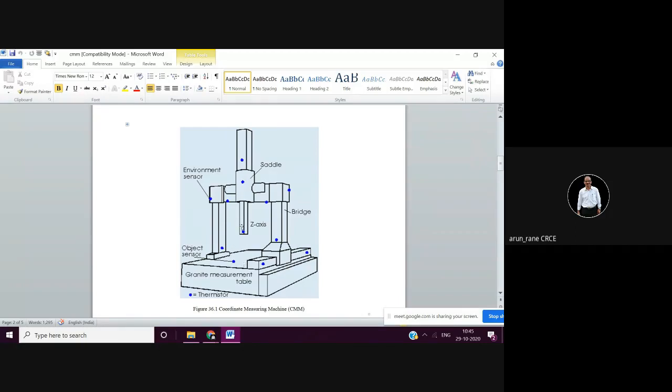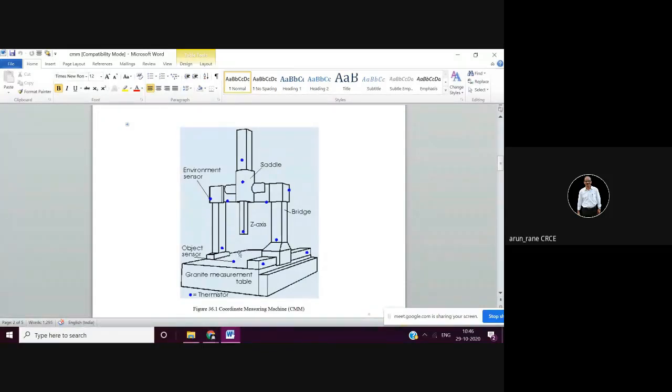So this manual touching is very important. At the same time it is risky also, because when you are touching the probe to the component manually, you have to see that you don't dash or bang the probe into the component, otherwise your probe will get damaged. If you touch speedily, it will get damaged. So you have to be very careful.